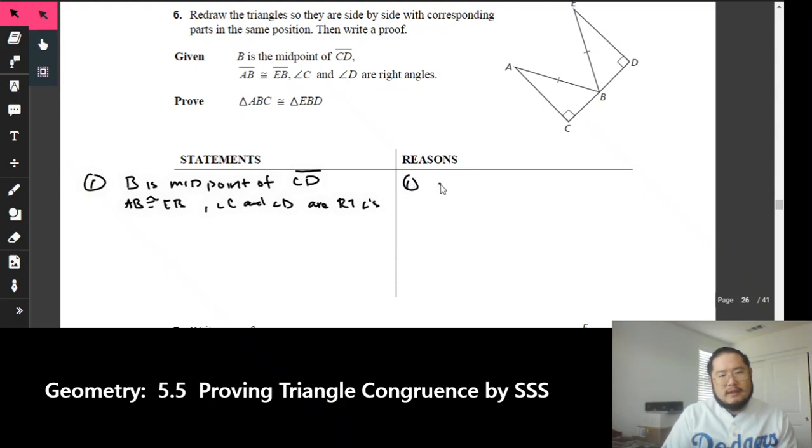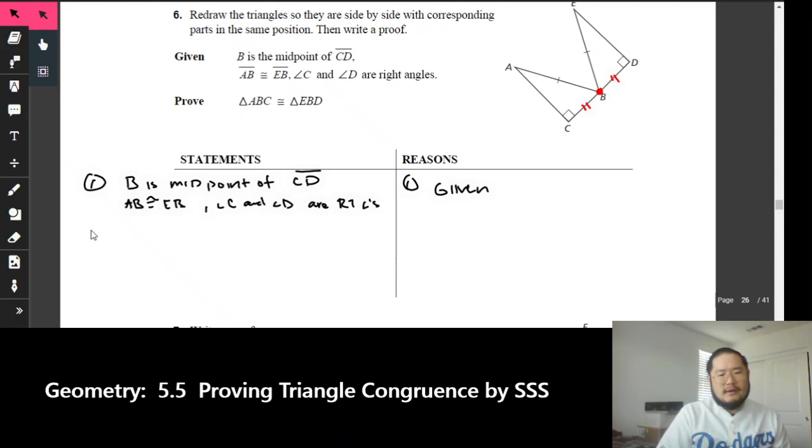So the reason for that, let's go ahead and put that that is all given. And let's see in our diagram right here, if B right here is the midpoint of C to D, hopefully we can go ahead and say, I think it's safe to say that BC is congruent to BD, right? Because if something is in the middle of a segment, it's going to split it in half.